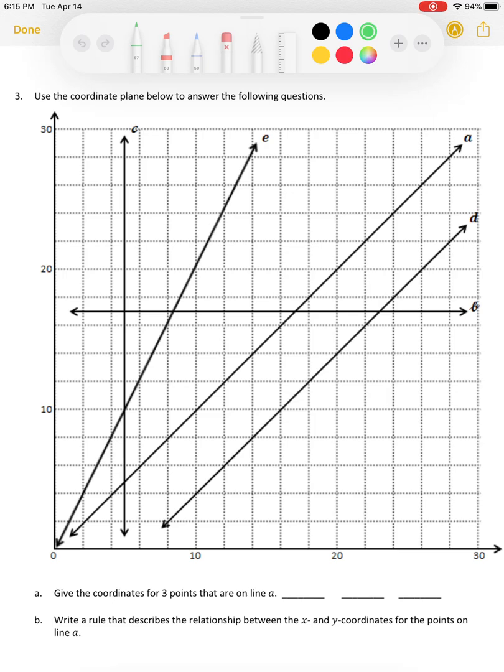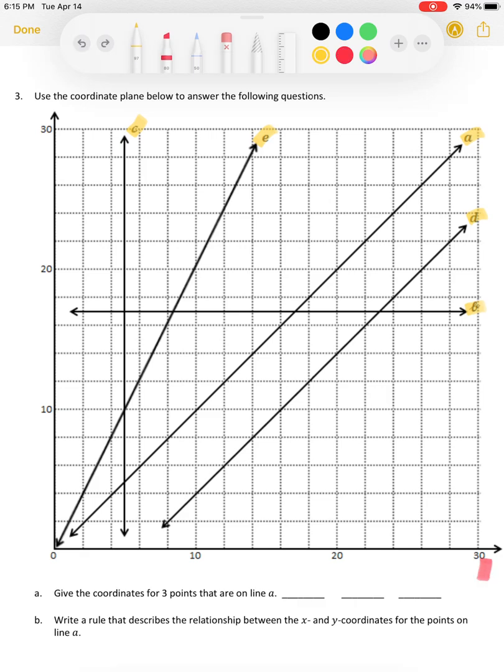So let's analyze and look at our particular chart here. I want to get a highlighter for this, and I'm going to use yellow. All of these lines on this coordinate plane have a name. So this is line C. Here we have line E, line A, line D, and it looks like that's line B in cursive. I also want to indicate the X-axis and the Y-axis.